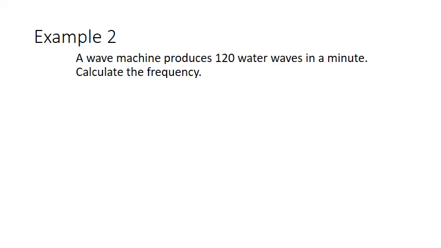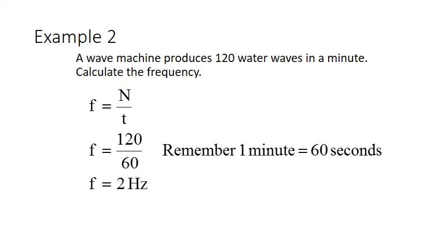Calculate the frequency. Formula, 60 seconds this time, because this is a minute, and that gives us 2 Hertz. Try and get used to looking at information and saying, that is F, that is a number, that is my time, because that will help you pick the right formula when you've got a choice of all the formulas.